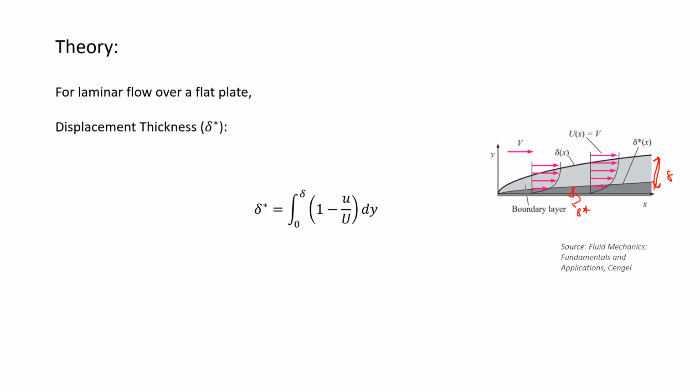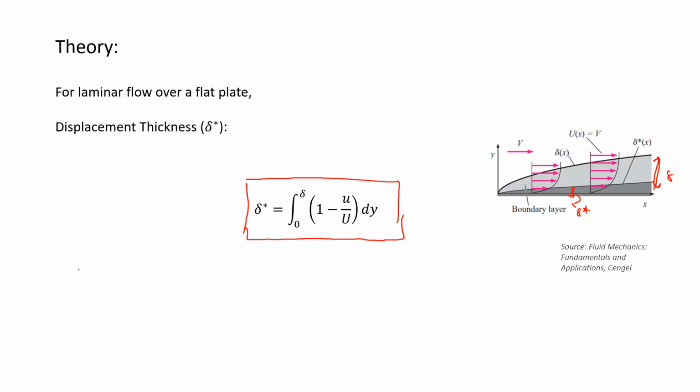So this displacement thickness is basically accounting for the mass deficit which comes because you have shear in these flows, and the expression for it is this. Delta star is the displacement thickness, and it is an integral of 1 minus u over u infinity from 0 till delta.